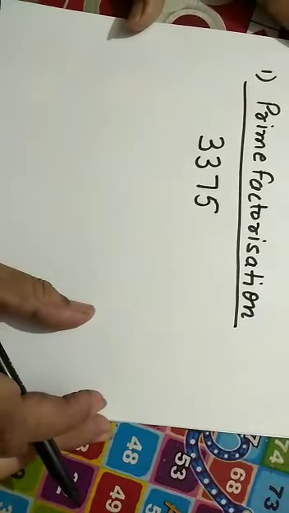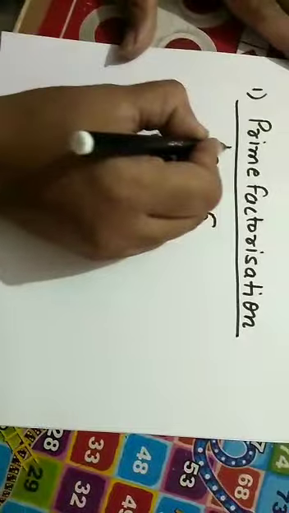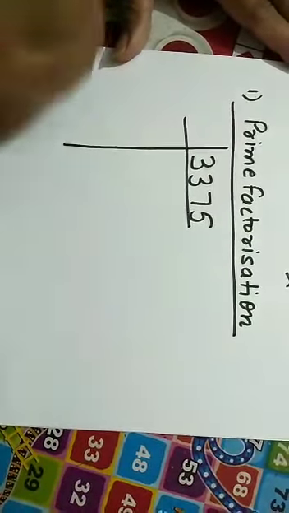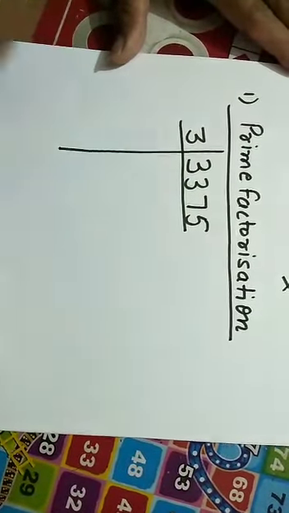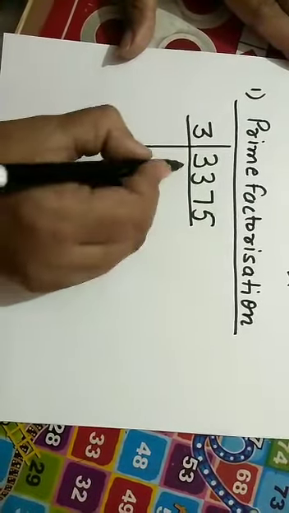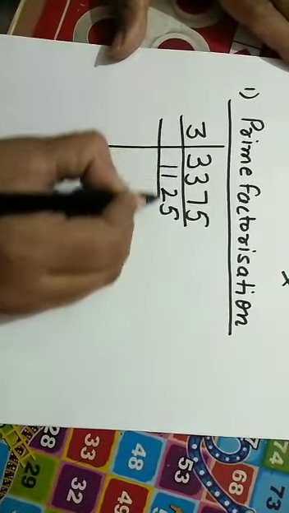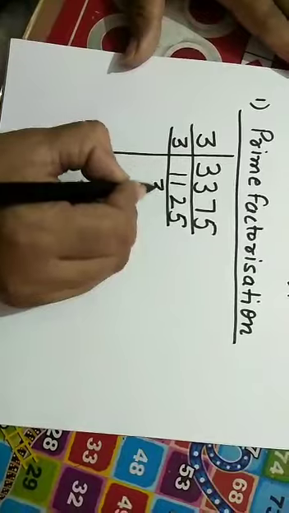So for this, we'll find out its prime factors. You know the method. Now how to find the prime factors? 3 is the first prime number by which this number is divisible. We'll divide it and we'll get 1125. Now again it is divisible by 3.